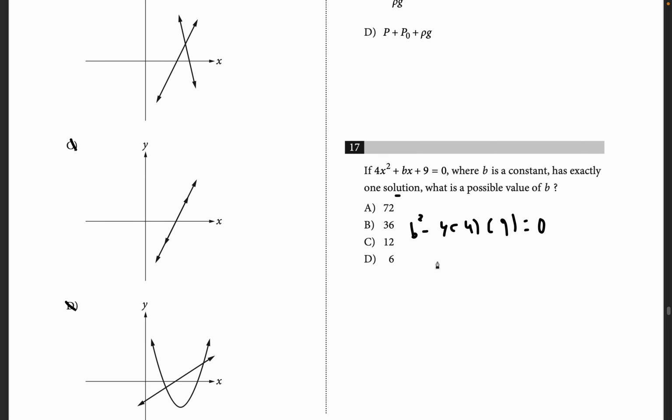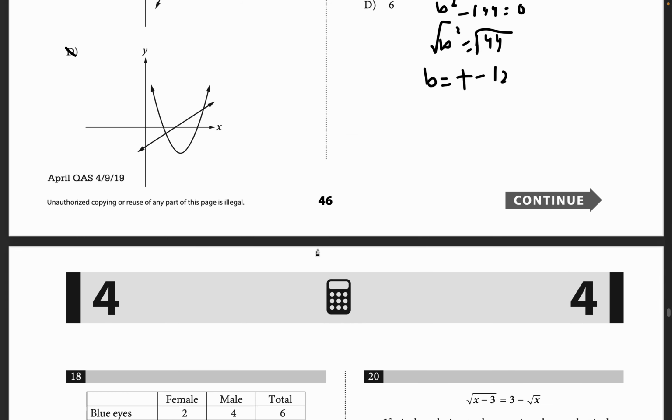So b squared minus 144 equals 0. Add 144 and then take the square root, and we get plus or minus 12. We don't have negative 12, so we have positive.